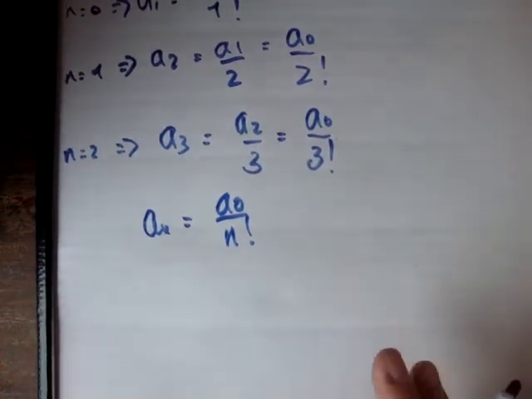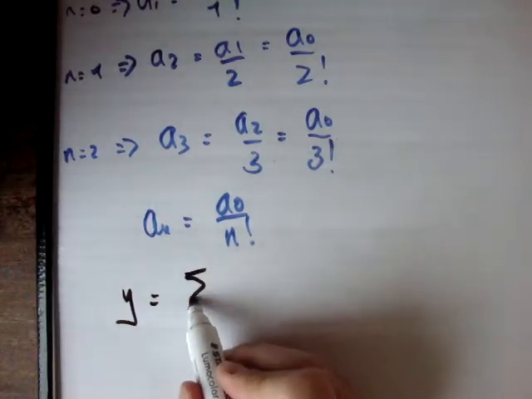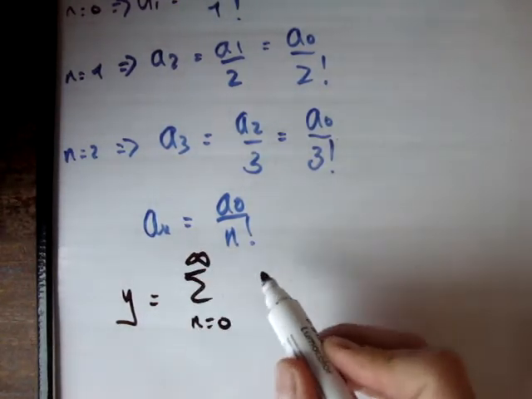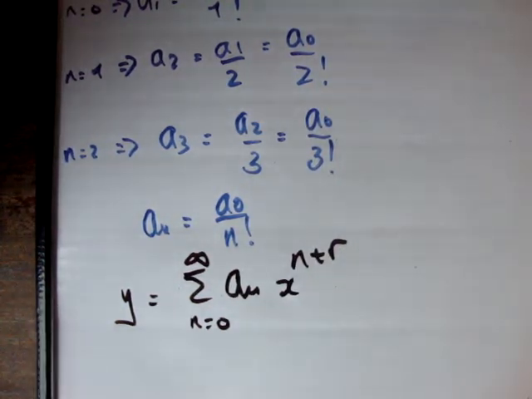Alright, so we can also say, because we defined at the very start that y is equal to the sum from n is equal to 0 to infinity of a_n times x to the n plus r. That's what our power series is, and what we're after is our a_n's.